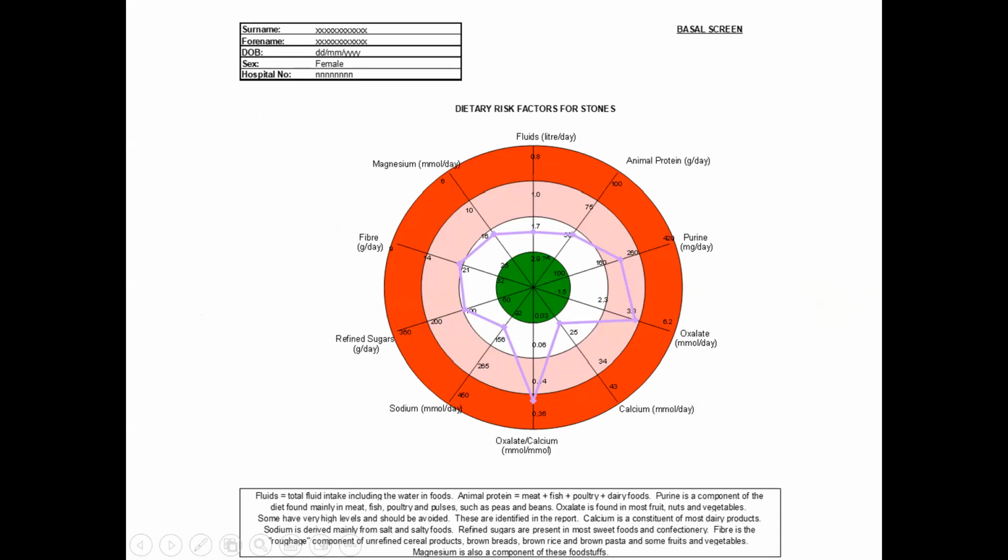Here you can see the animal protein, which includes meat, fish, poultry, and dairy products. Purine is a component of the diet, mainly in meat, fish, poultry, and pulses such as beans. And oxalate is found in most fruits, nuts, and vegetables. Some have very high levels and should be avoided. After measuring all those things, they calculate the calcium oxalate and purine, everything.